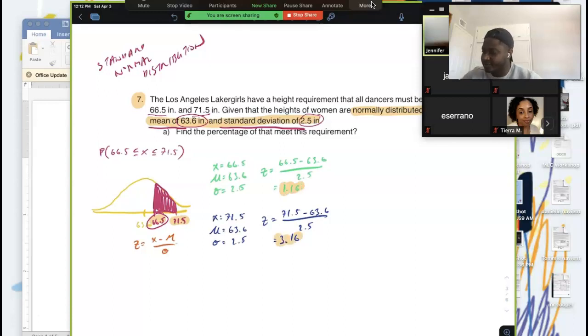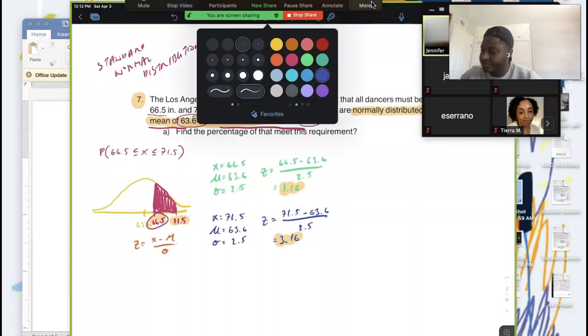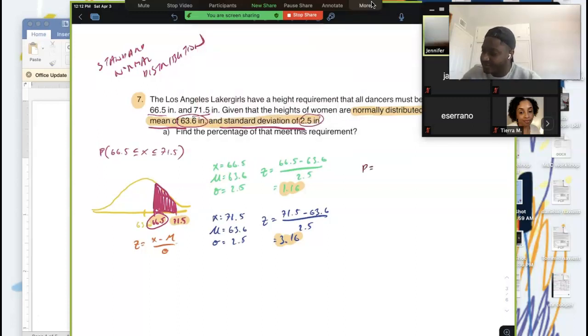Now our graph looks like this: we want to find the probability that z is between 1.16 and 3.16. Remember, zero's in the middle. You have your two values, 1.16 and then 3.16, and we want to find the area in between.